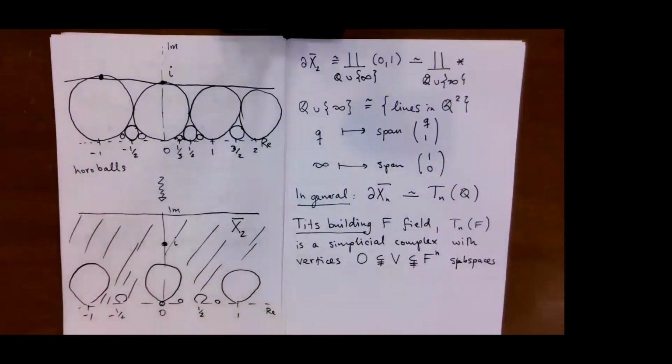And so you have points, and then I want to put triangles or tetrahedra, simplices, between these points, but every set of points can have at most one simplex between them. So in other words, abstractly, it's a subset of the power set of these points.